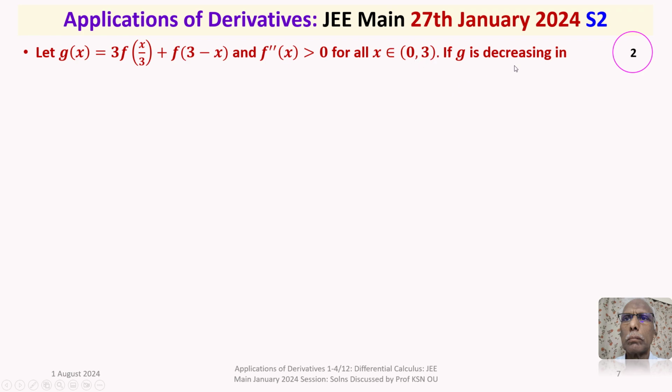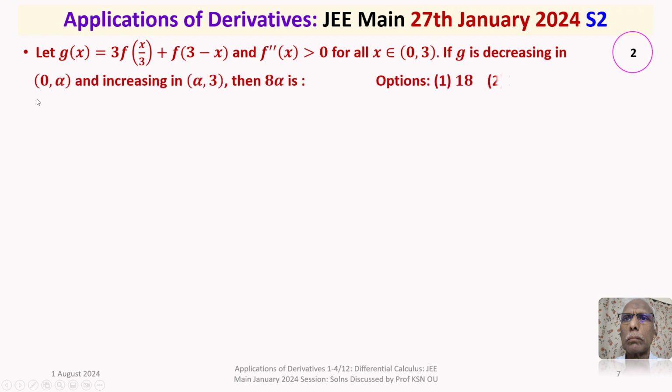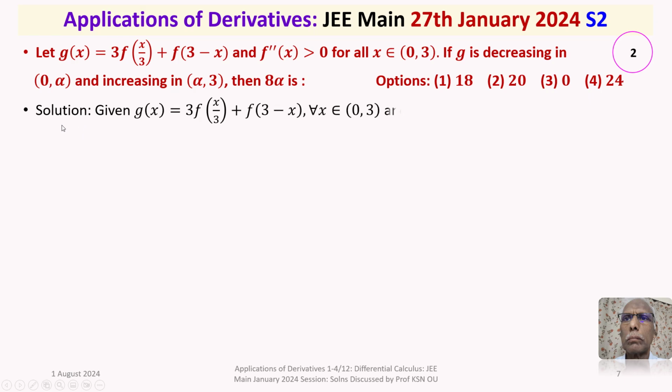If g is decreasing in the open interval 0 to alpha and increasing in the open interval alpha comma 3, then 8 times alpha is, we are given 4 options. So now let's discuss the solution of the problem in detail.